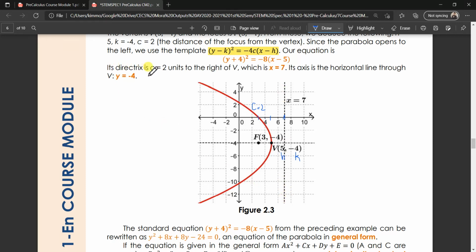So its directrix is 2 units from our vertex, which is equal to x equals 7. So x is our directrix here.